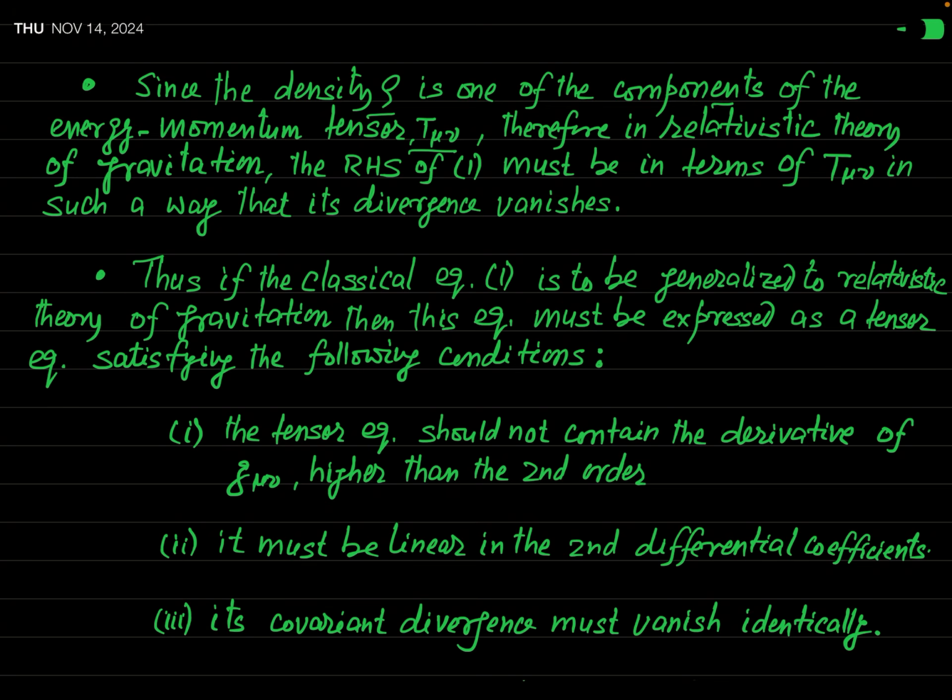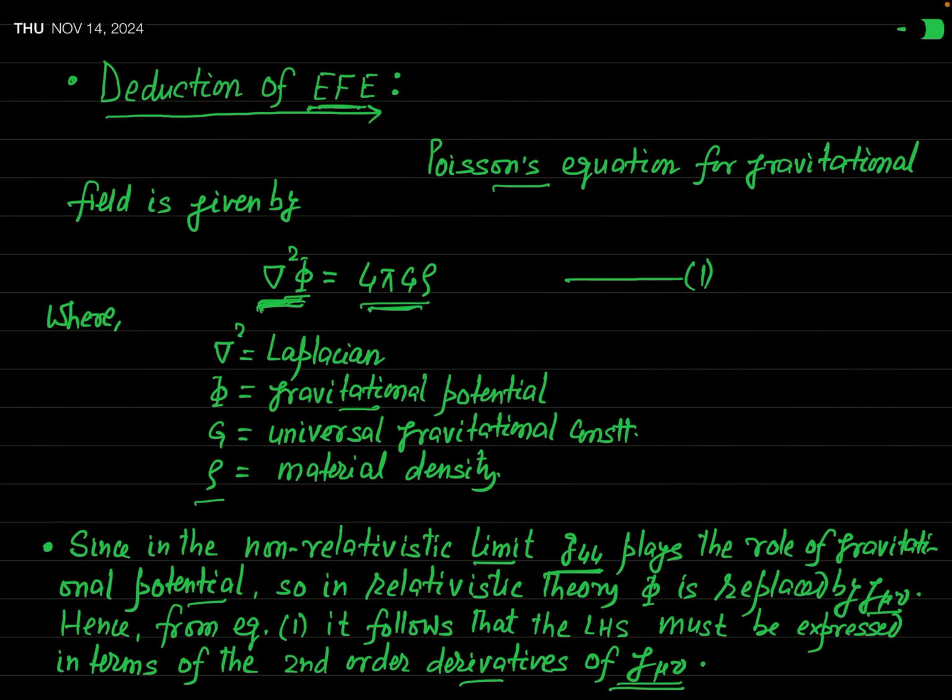And as rho is one of the components of the energy momentum tensor T mu nu, therefore in the relativistic theory of gravitation, the RHS of this equation must be replaced by the material energy tensor T mu nu.